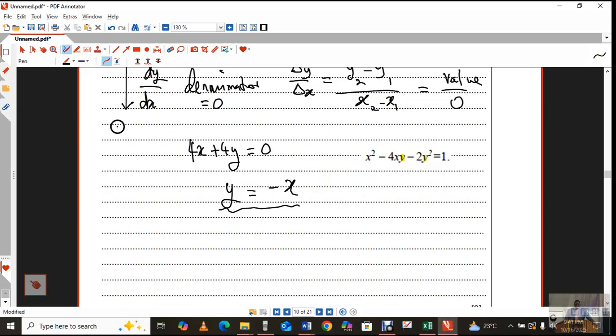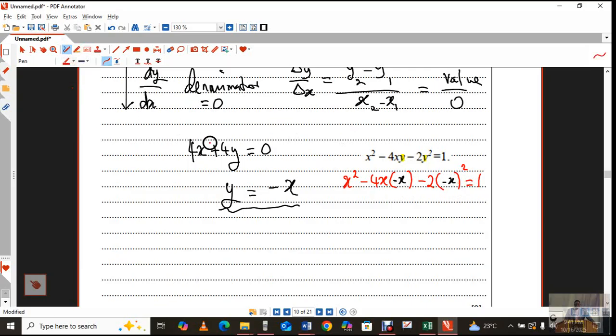Right, so this is going to be x squared minus 4x, and in brackets minus 2, in brackets is equal to 1. So in the bracket we are going to substitute negative x for y.